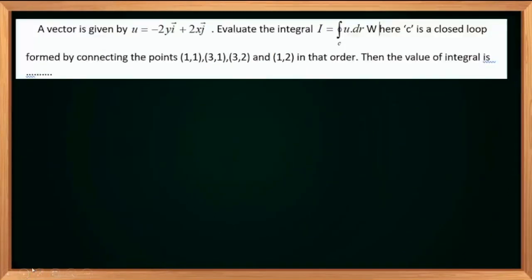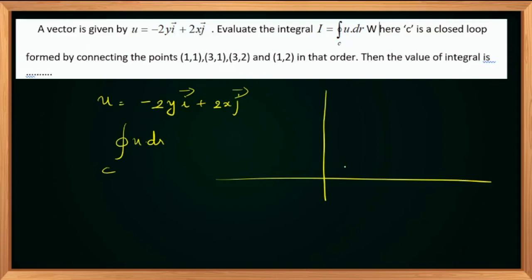So next question. A vector is given by u equal to minus 2y i vector plus 2x j vector. Evaluate the integral over c of u dot dr, where c is a closed loop formed by connecting the points 1 comma 1, 3 comma 1, 3 comma 2, and 1 comma 2.